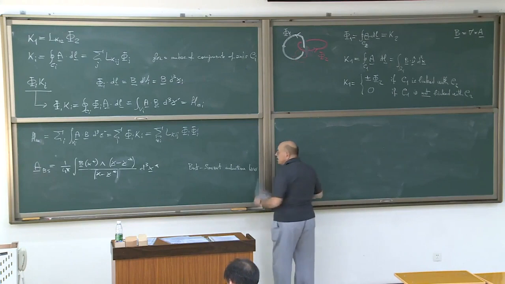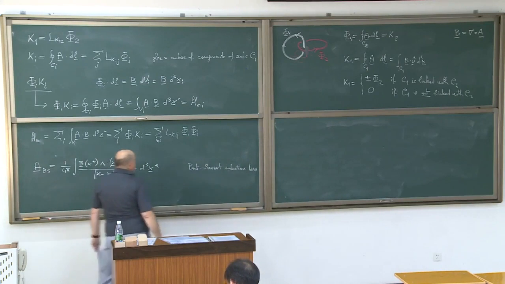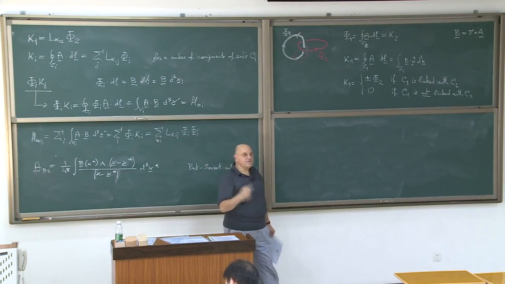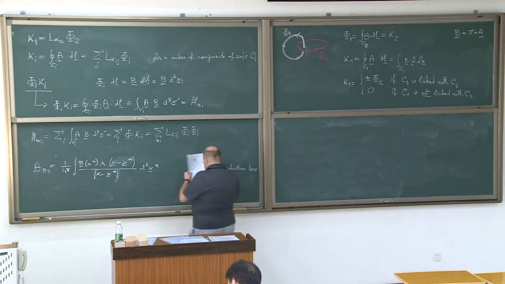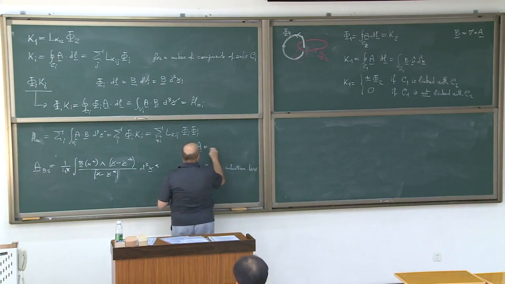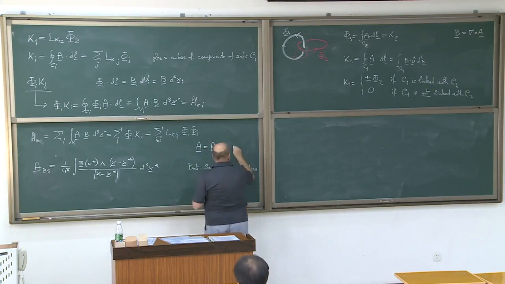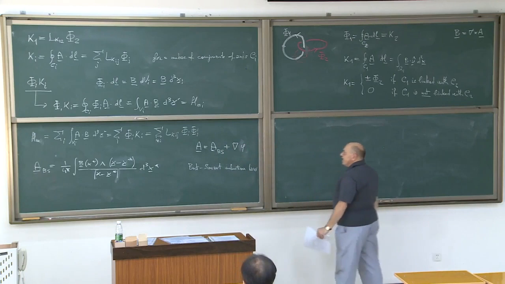we get the following. Now, I forgot to say that in general, since B is defined in terms of the vector potential A, we may think of A given by A of Biot-Savart plus some contribution of a gauge, grad phi, let me call it little phi.